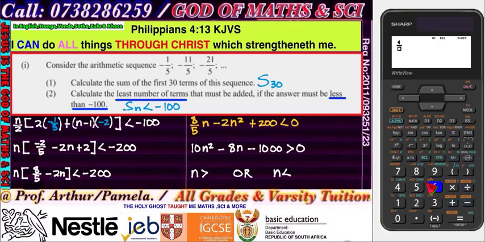So I'm saying minus b, which is 8, square root, parentheses, 4 into a, which is 10, into c, negative 1000. The parentheses all the way to 20 because it's 2 times the 10.